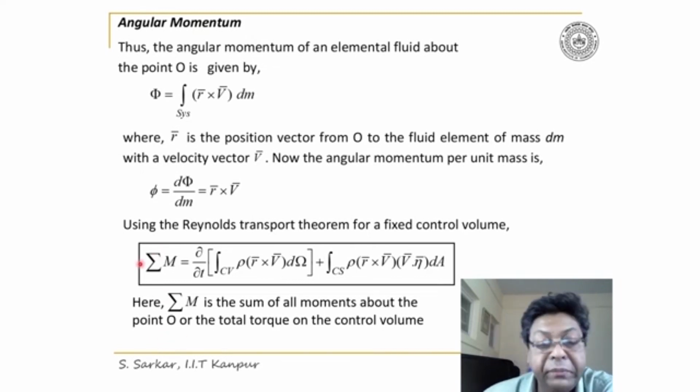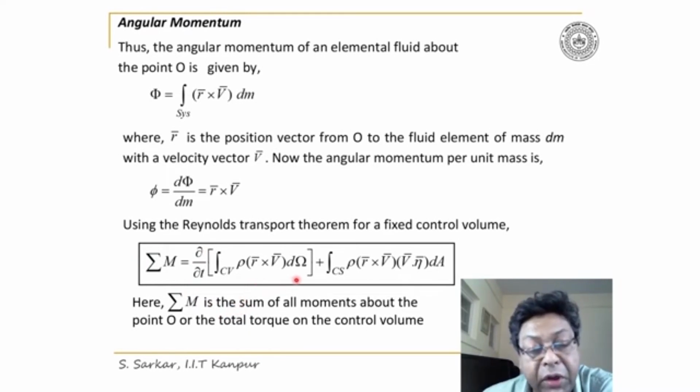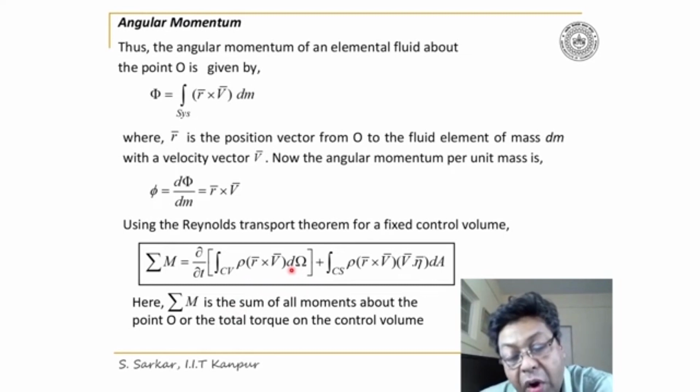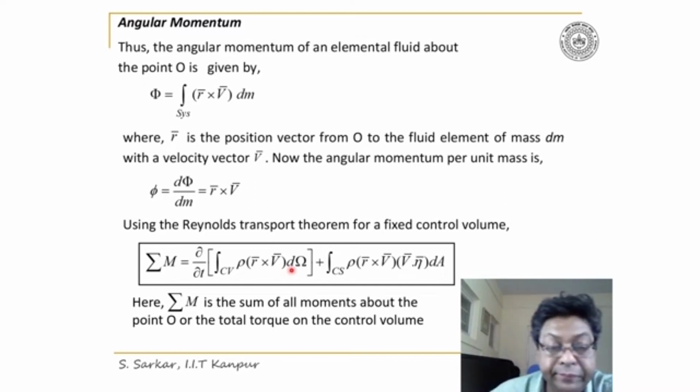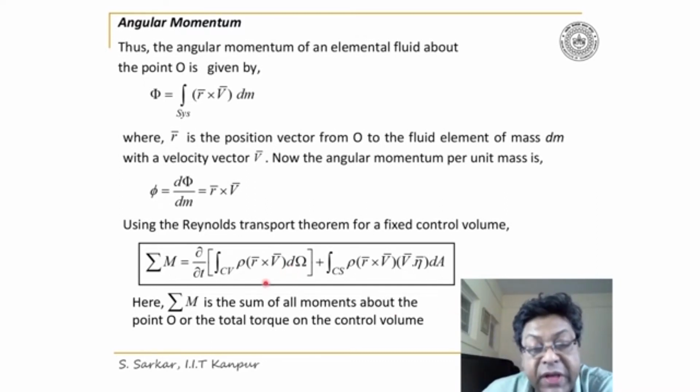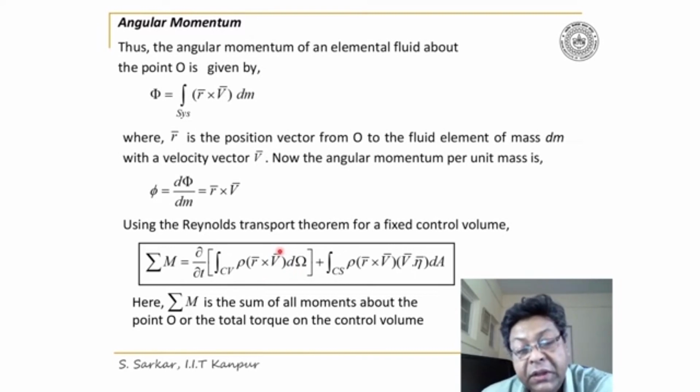So sigma M represents the total torque on the control volume, and this sigma M would be equal to del/del t of volume integral rho r cross v d omega plus surface integral of rho r cross v dot eta dA. So the first term represents the momentum of the total volume, and the next one the momentum flux out of the control volume.